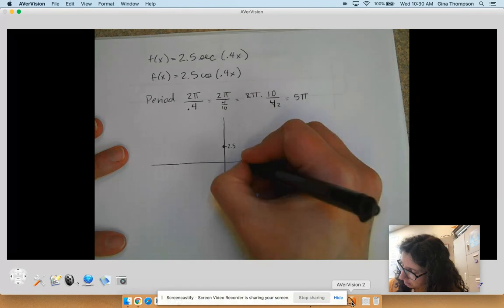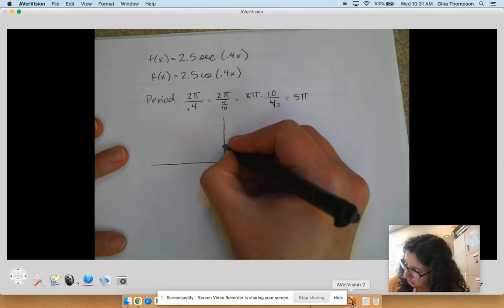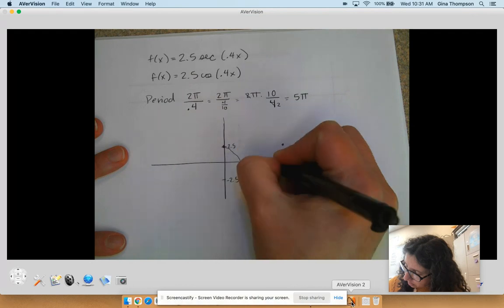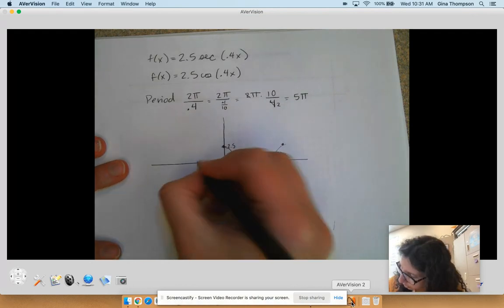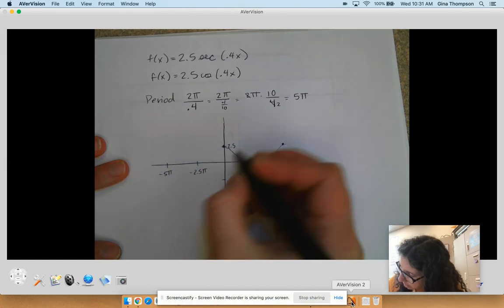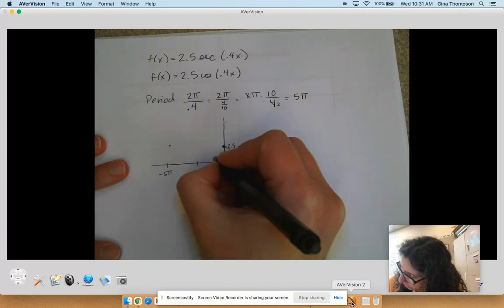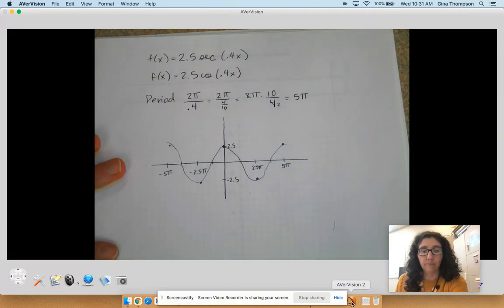Halfway through here, I don't want to figure out that value, it's going to go like that. And let's do 2 periods, so let's go back over here to minus 5 pi, minus 2.5 pi. Halfway through, it's going to look like that. Okay, so we've graphed cosine.